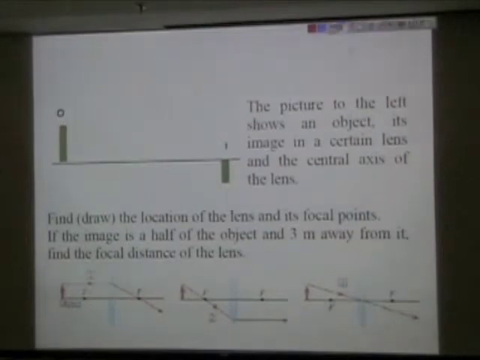And if you want to write all the equations, well, first of all, object distance is always positive, but for a real image, image distance is also positive, so that's 3.